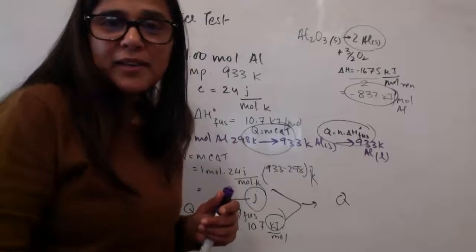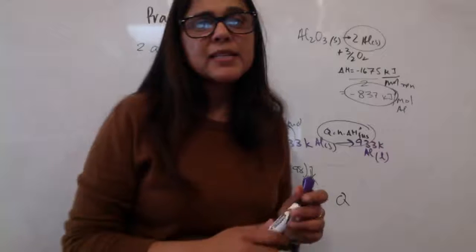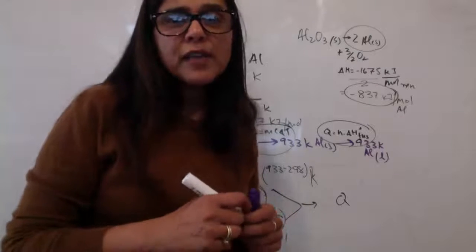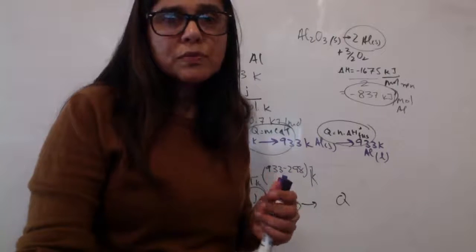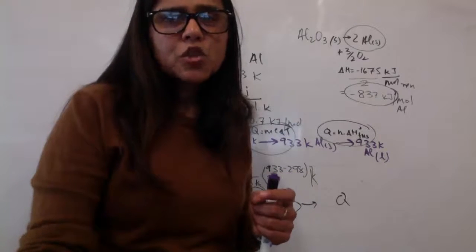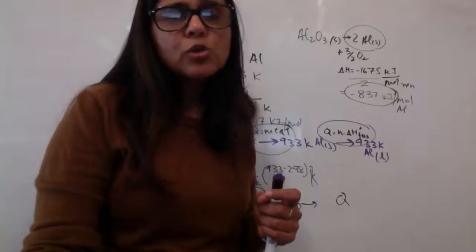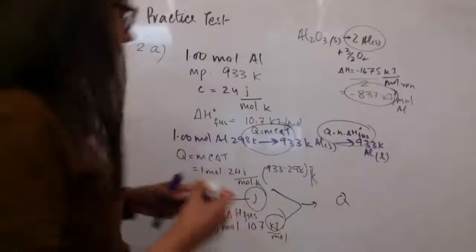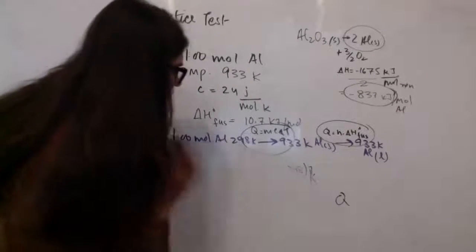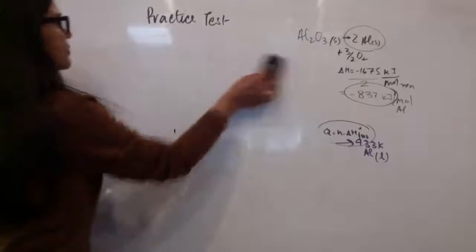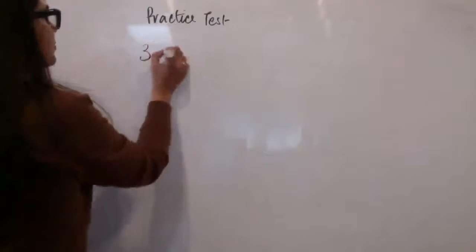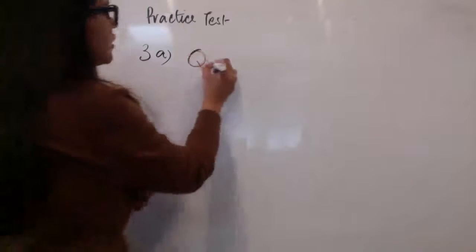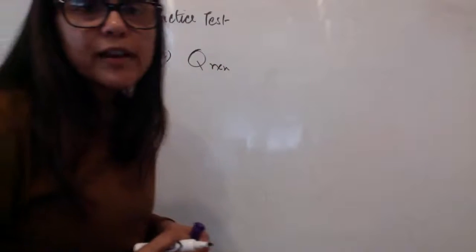Okay, I'll do 3B. So 3B says calculate the magnitude of heat absorbed by solution during the dissolution process. So in part A, in 3A, you calculated Q of reaction, right?